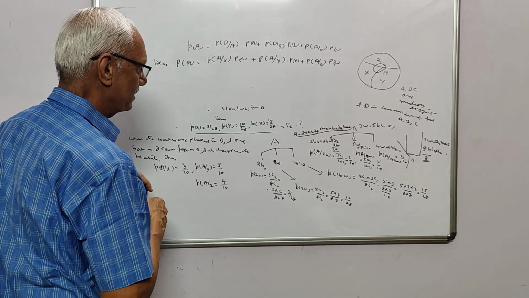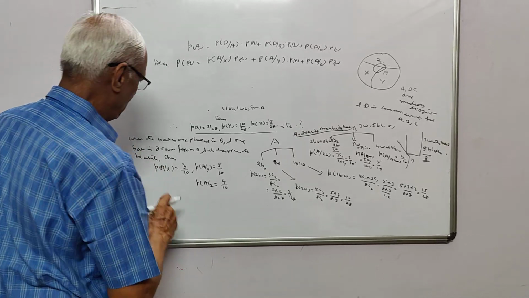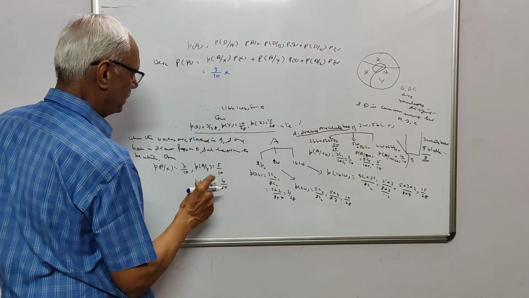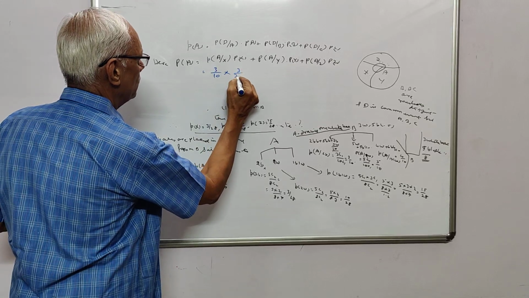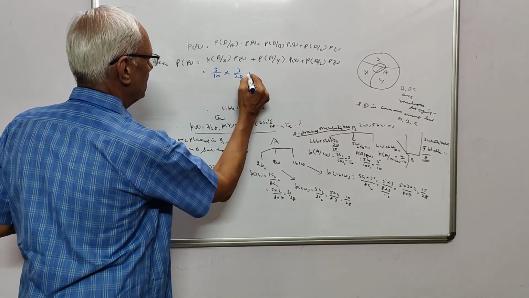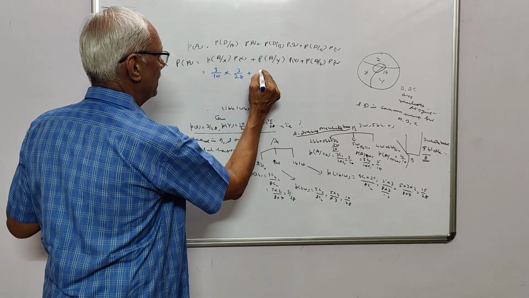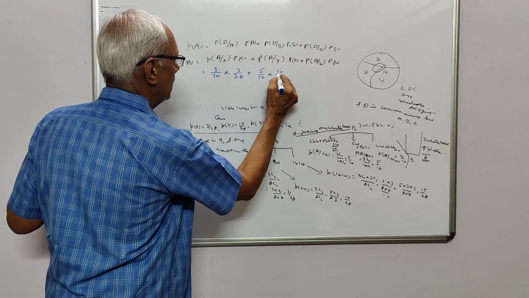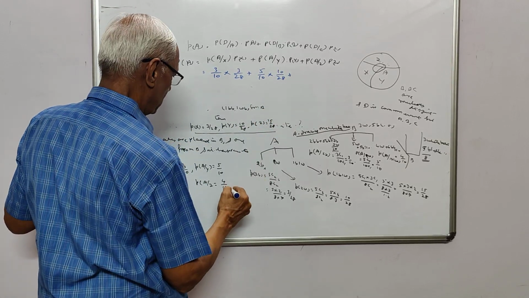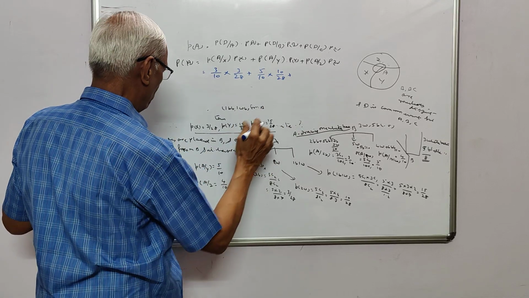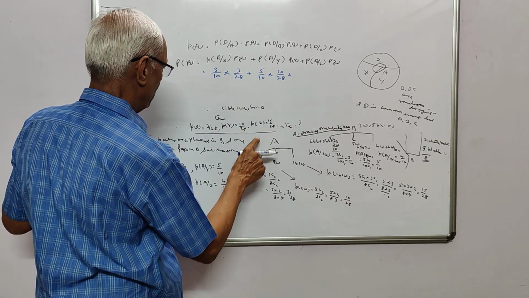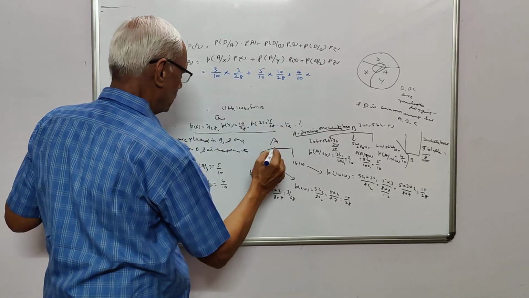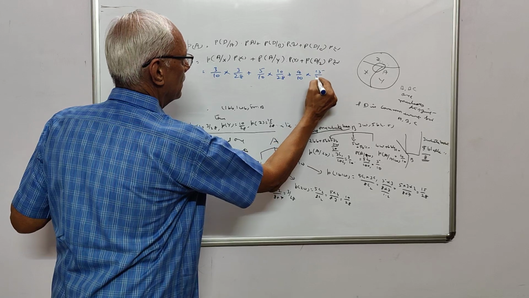What is your P of A slash x? See, here you have got A slash x. So this is equal to 3 by 10 into what is your P of x? 3 by 28. See, this is plus, what is this? 5 by 10 into P of y, 10 by 28, plus what is your P of A slash z? 4 by 10 into 15 by 28.